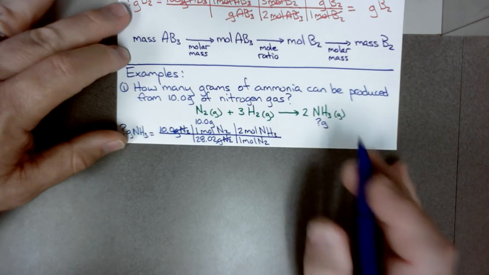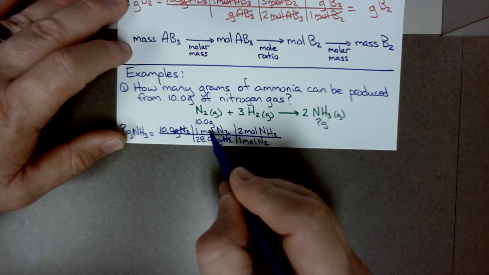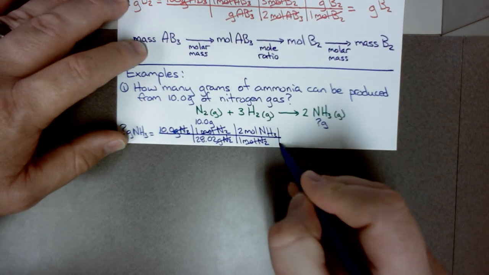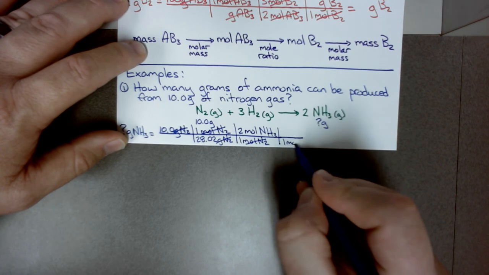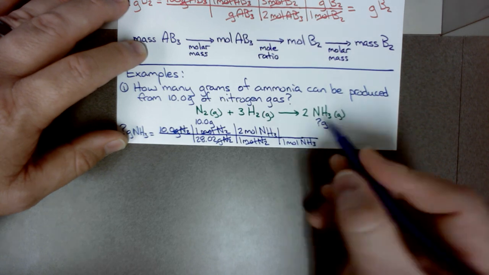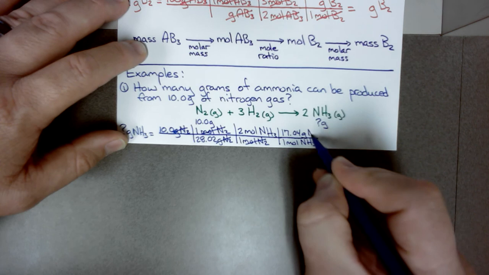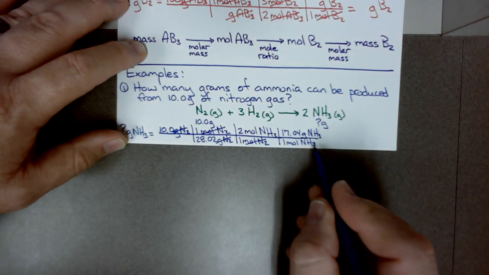Okay. Again, I got to go from grams to the mole, and then moles of nitrogen to moles of ammonia through the mole ratio, and then 1 mole of ammonia is 17.04 grams. That's 14.01 for nitrogen, and then 3 times 1.01, which is 3.03.